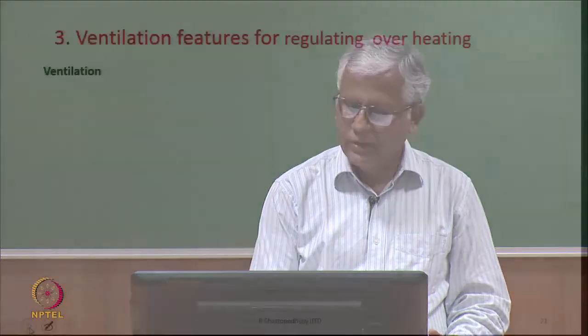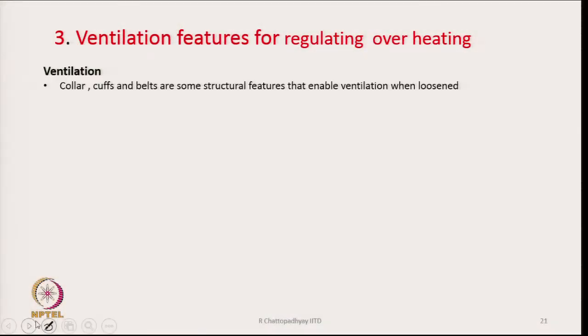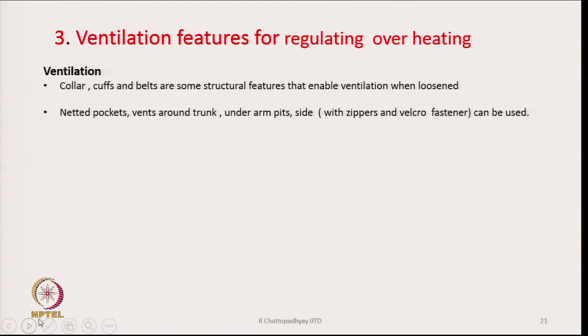Ventilation features are for regulating overheating, because sometimes there could be overheating because of too much work that the person is doing, or maybe the insulation value is so high that it can lead to overheating of the body and the skin.